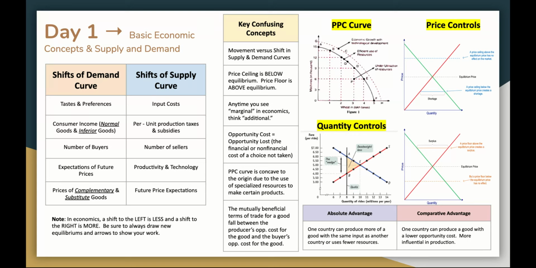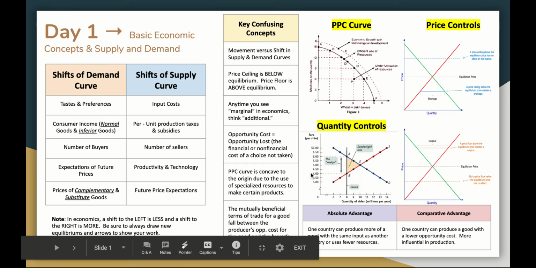Okay? In terms of quantity controls, sometimes we see this. Sometimes there might be a license. There might be a situation where the government doesn't want people overfishing in a certain area. They'll put a license on that and they'll put a quantity control. That's what it looks like on a regular supply and demand graph.